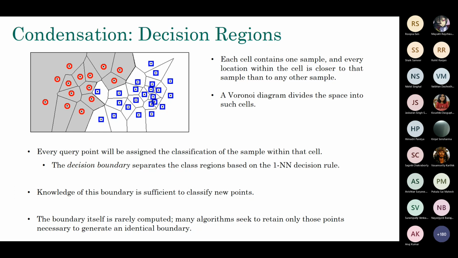So what we are trying to do in this case is that if we can somehow figure out what these boundaries are, using some training examples that help us figure out those boundaries, then we are basically done. We do not need to keep all the samples.